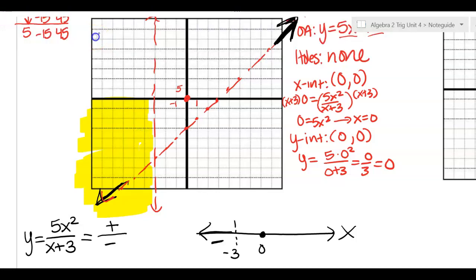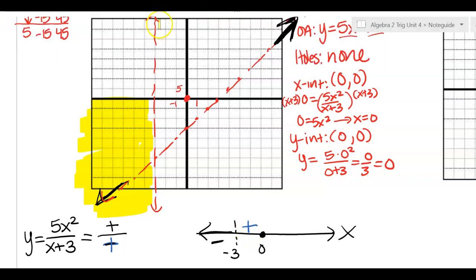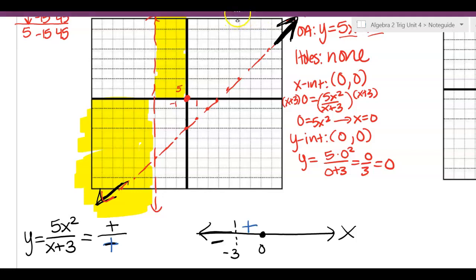Now I'm going to test something between -3 and 0, say like -2. I still get a positive in the numerator, but I also get a positive in the denominator, which overall is positive, and tells me that in between this asymptote and this intercept, all those x values plug in and give me positive y values, and I can only graph in that section.